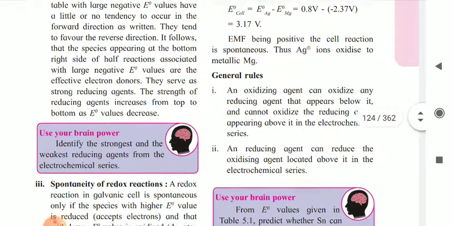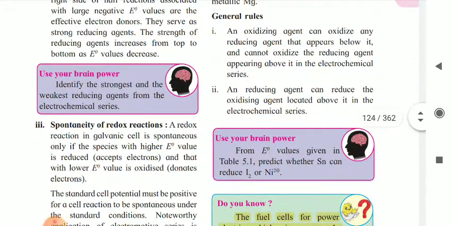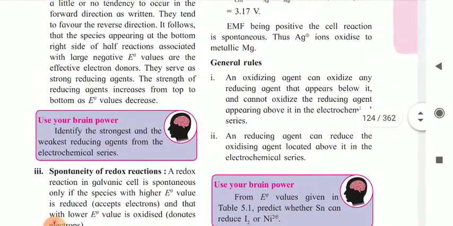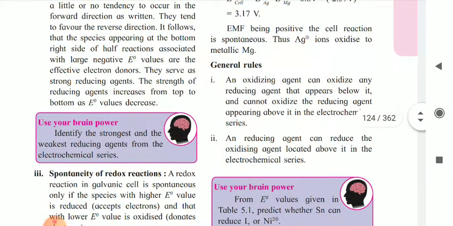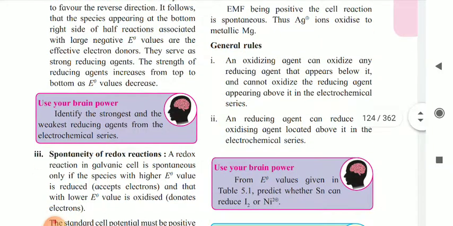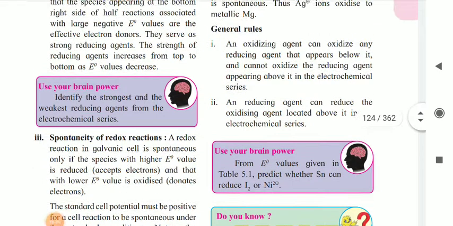So students, this is how we can say whether a particular reaction is spontaneous or not. This is the problem which is asked in your theory examinations. For better understanding, you can follow other examples too.